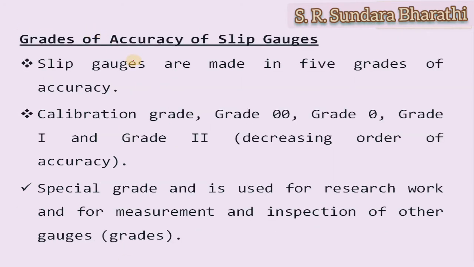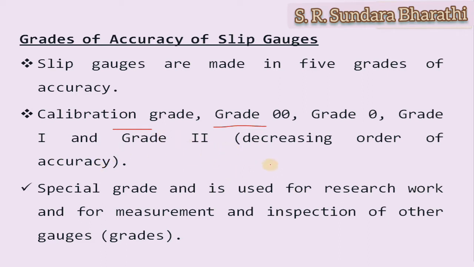Next we discuss grades of accuracy of slip gauges. Various grades are available, and depending on your need and application you have to choose the type of grade for that particular condition. Calibration grade, grade 00, grade 0, grade 1 and grade 2.